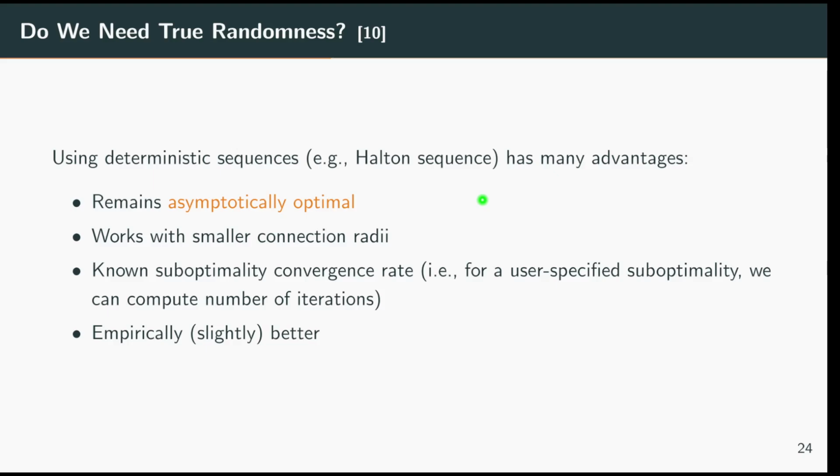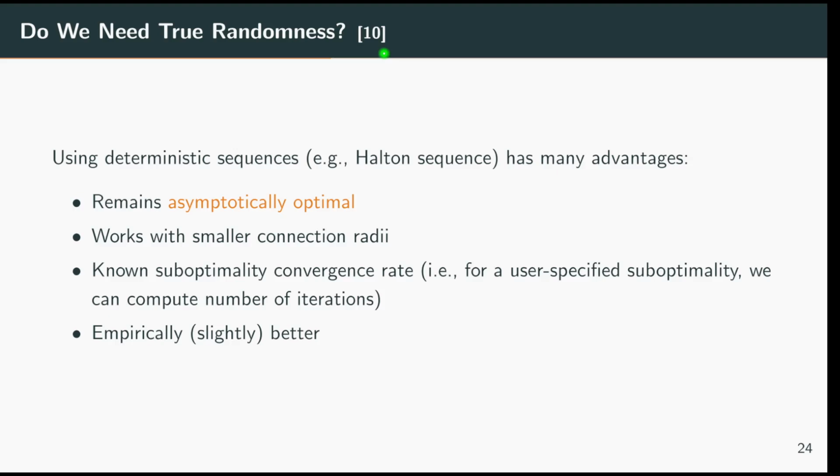And so one big question is, if they look visually so nice, what impact does it have on the theory? And there has been at least one work that tried to analyze it. And it turns out that if you do that, it remains asymptotically optimal.